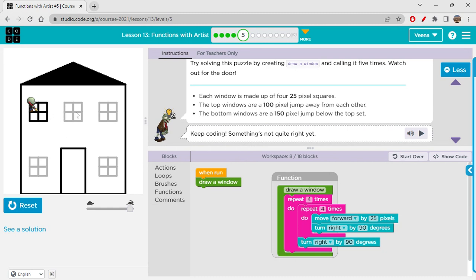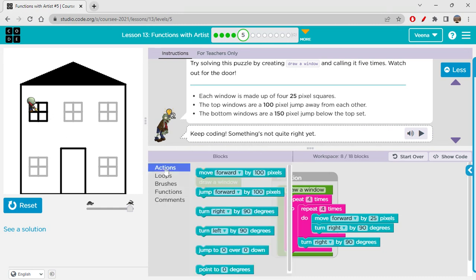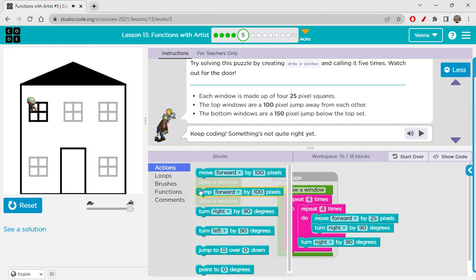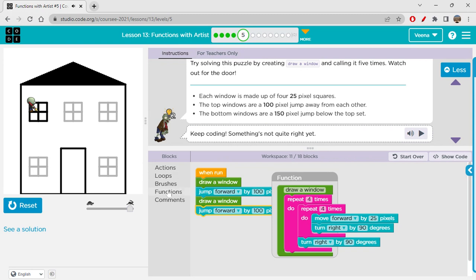From here till here, these are 100 pixel jumps. So jump forward by 100 pixels, then draw a window again. Jump forward by 100 pixels and draw a window again. So far, we have completed three windows, right?